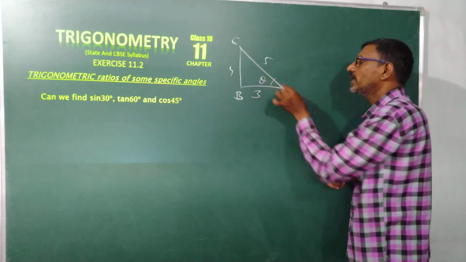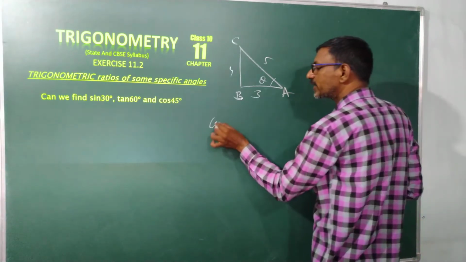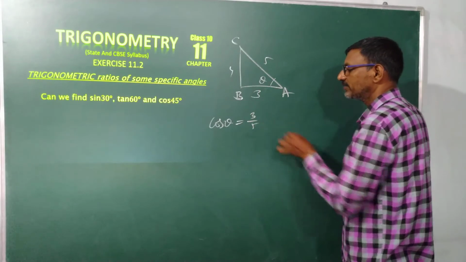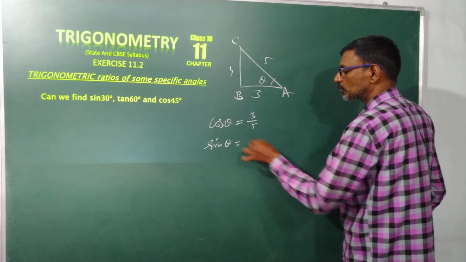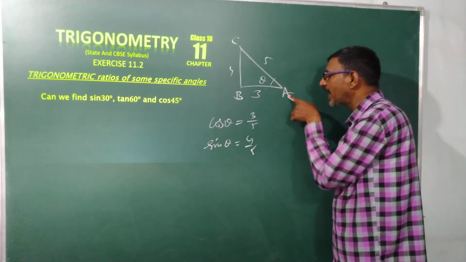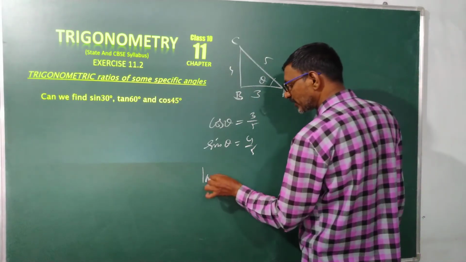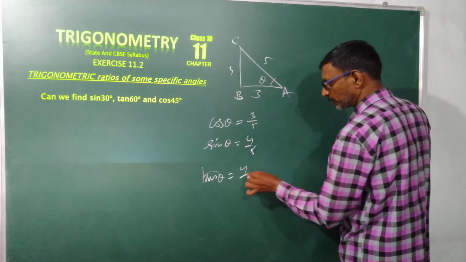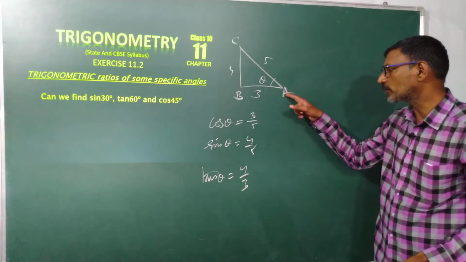In our textbook we did some problems on it, and cos theta is equal to adjacent side by hypotenuse, 3 by 5, and sin theta is equal to 4 by 5, because with respect to angle A it is opposite side by hypotenuse, and tan theta is equal to opposite side by adjacent side, that is 4 by 3. These are the possible ratios with respect to angle A.